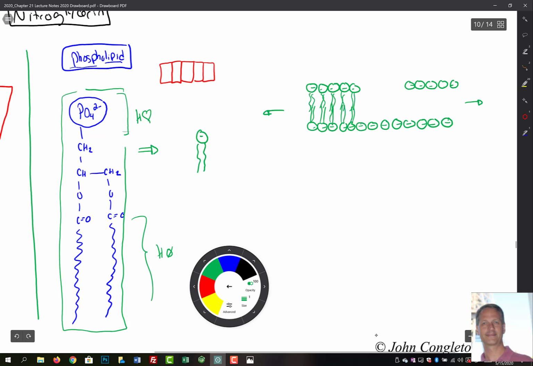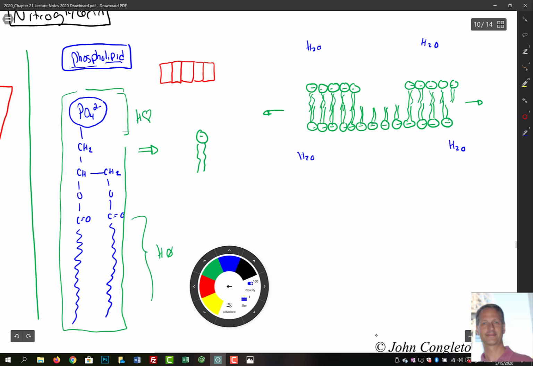So we'll put all those in. Now, on the outside of this, on the outer perimeters here, we have water. So that water, again, is what's going to be helping keep those polar head groups all hanging out towards the outside. So out here we have H2O, water on the inside.